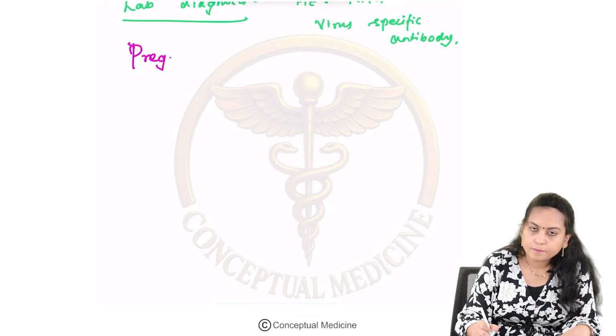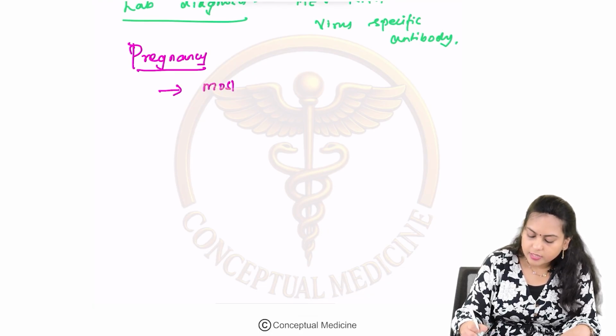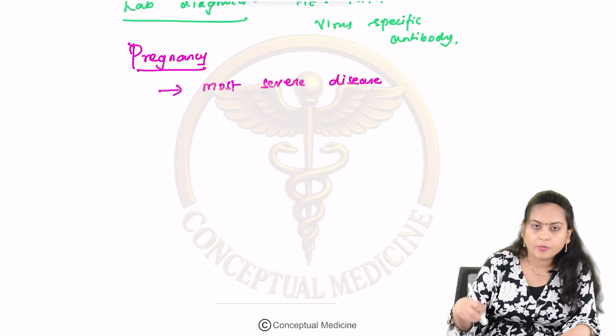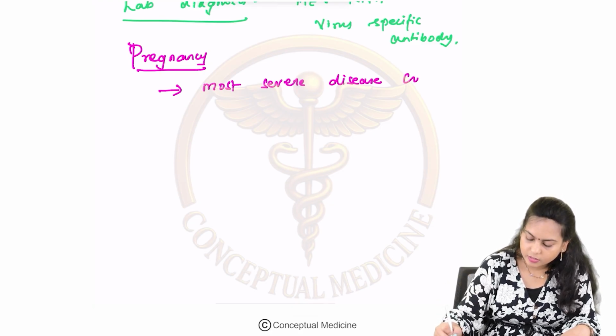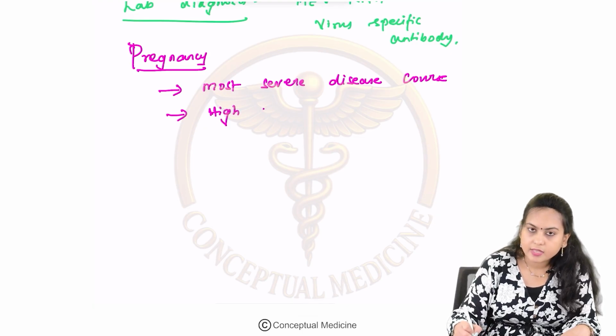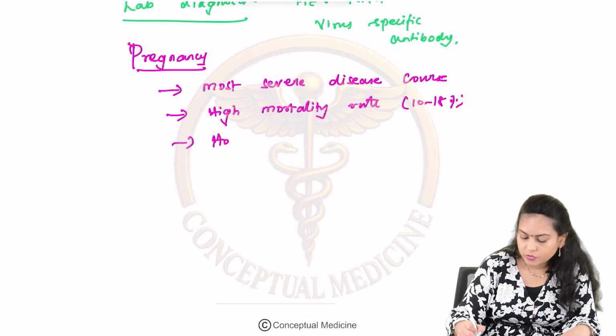And then during pregnancy, there is a most severe disease course, okay, among all the hepatitis. And as I have already told you, there is high mortality rate also, that is around 10 to 18%.